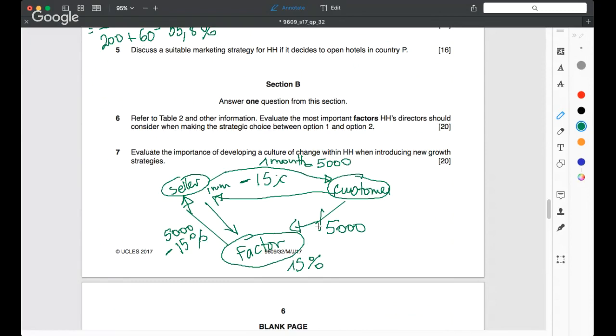Competitor analysis, weaknesses, five forces. Is this country stable? Is it not stable? How is it legally? Are they allowing a lot of things, or is it culturally impossible or not? You have to consider economically, environmentally.